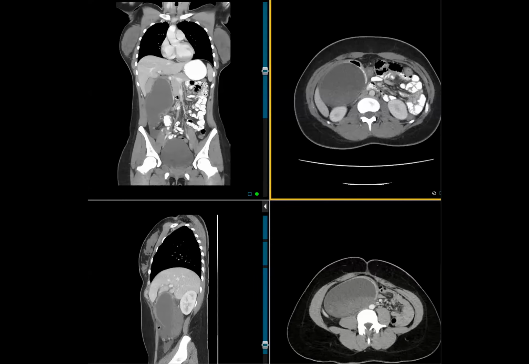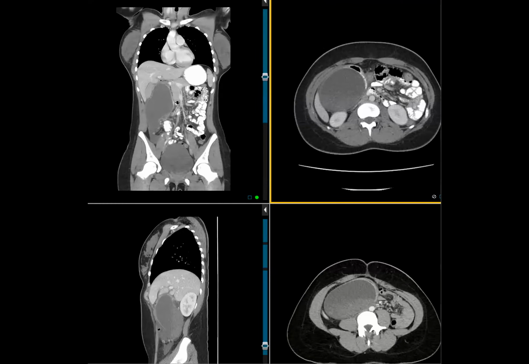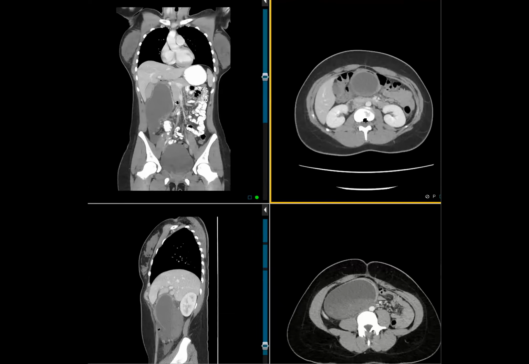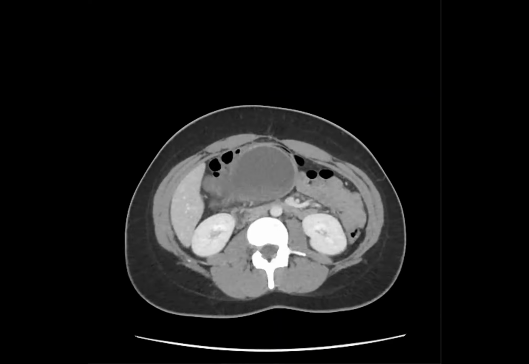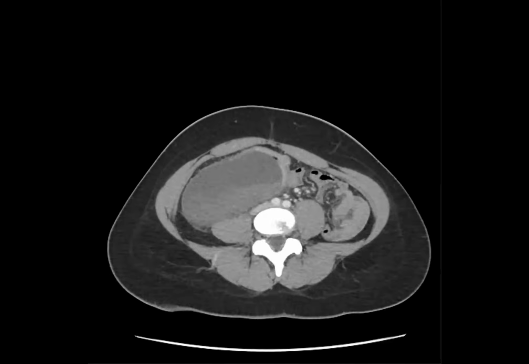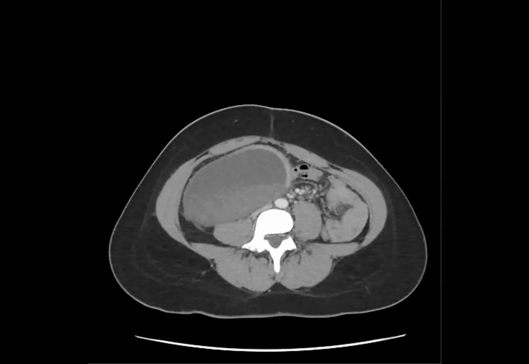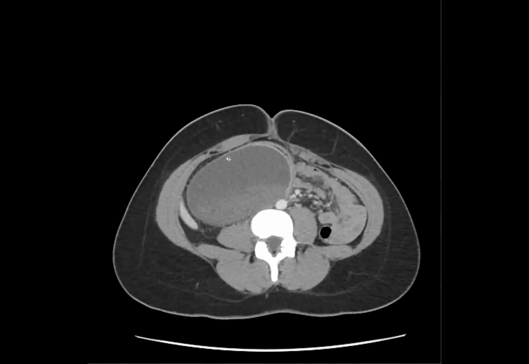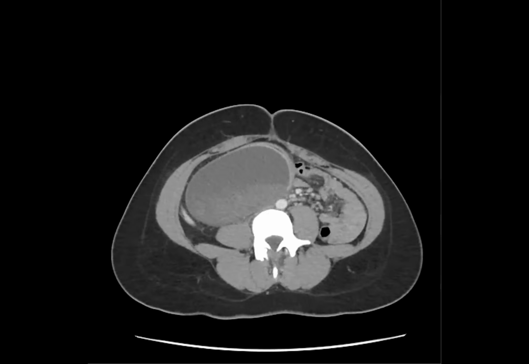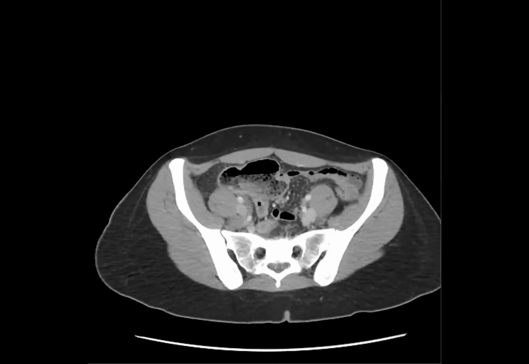Initially, this patient underwent contrast CT in the ED, but without oral contrast, and this shows a big, well-defined, probably fluid attenuating lesion somewhere on the right side of the abdomen. So the location would be the key to the diagnosis, I suppose.